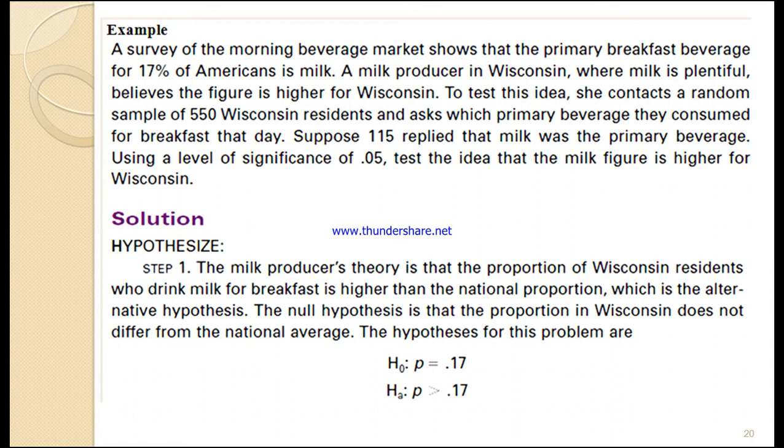The milk producer's theory is that the proportion of Wisconsin residents who drink milk for breakfast is higher than the national proportion, which is the alternative hypothesis. Therefore, the null hypothesis is that the proportion in Wisconsin does not differ from the national average. Therefore, H naught: p equals 0.17, and HA: p is greater than 0.17.